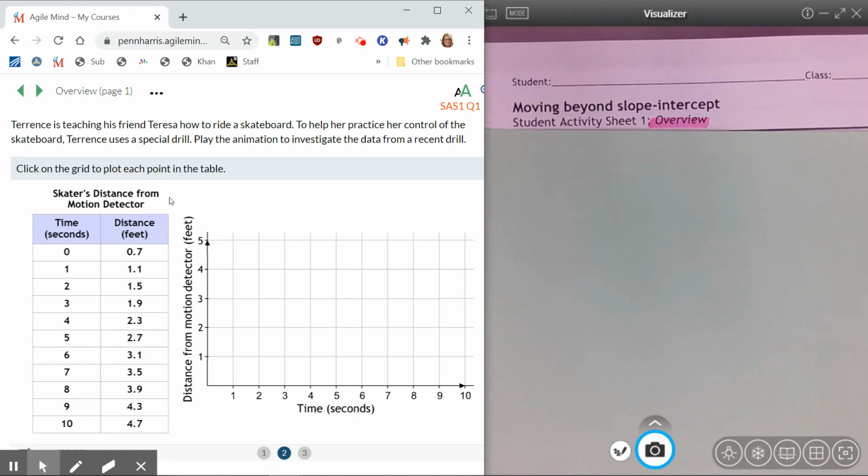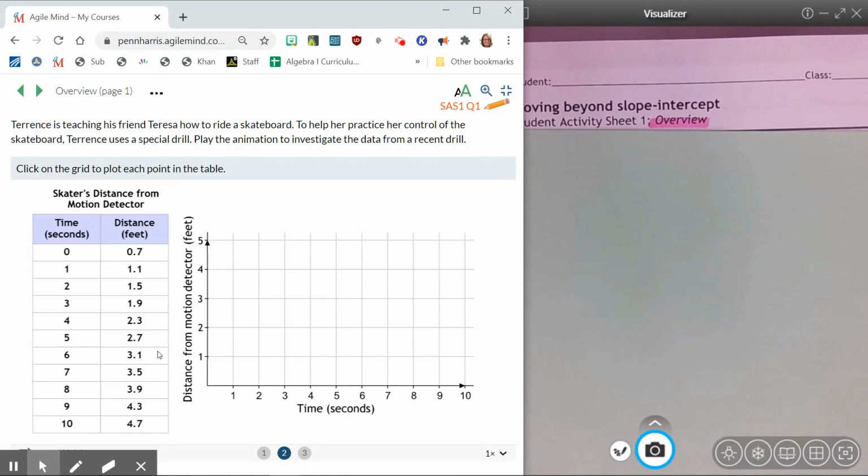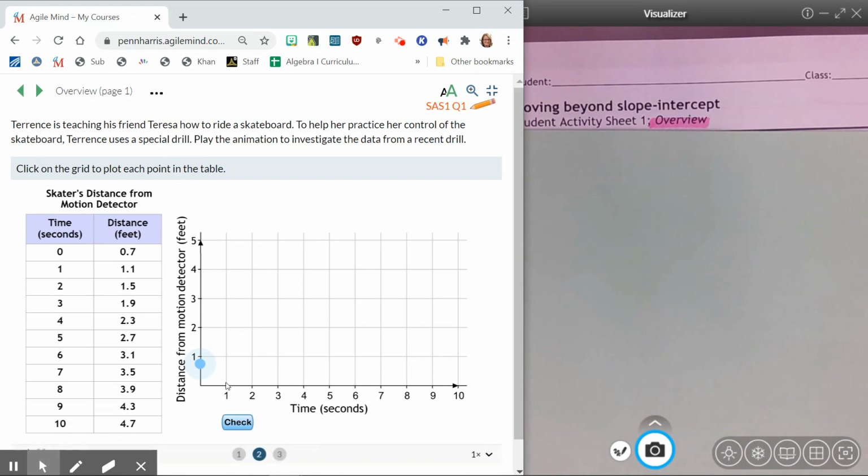Okay. With this, when Terrence pulled Teresa, they were able to make up this chart of what happened when Teresa moved. We showed that at 0 seconds, they were 0.7 feet away. So I'm going to put a check there. And when 1 second had gone by, she was 1.1 feet away. And then we've got 2 seconds and 1.5.